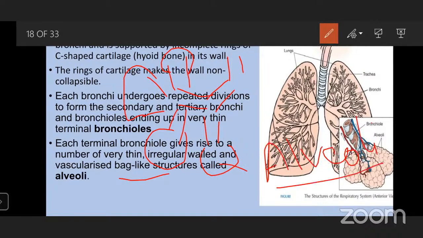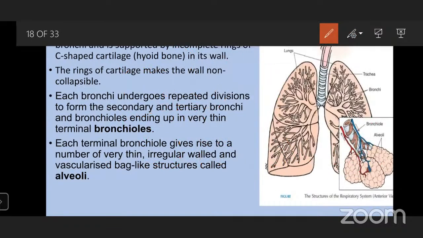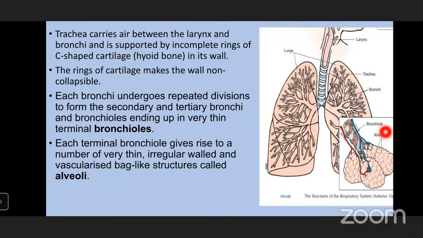Plural is alveoli, singular is alveolus. Okay, so this is about the lungs. Here you can see these are the bronchioles and they are entering into the alveoli. These are sac-like, very thin bag-like structures. They are called alveoli.